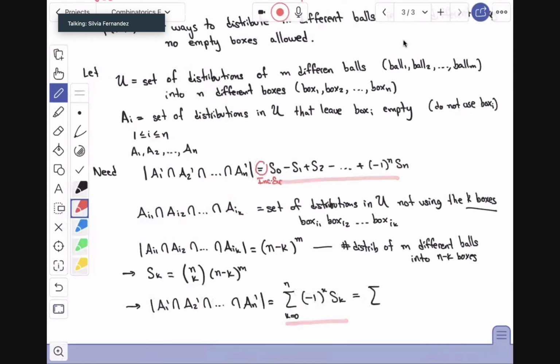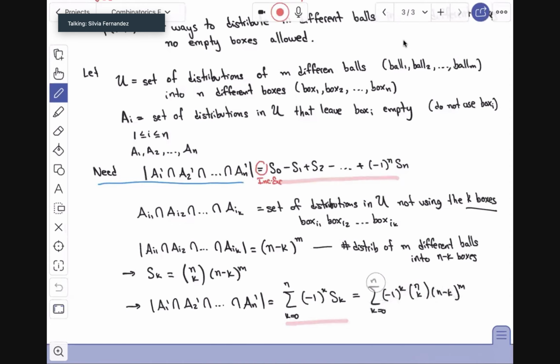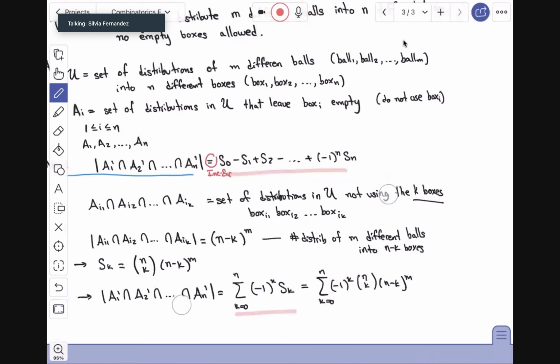This is just by the inclusion-exclusion principle. This is what I need. And so just replace the S_k, and now I just have negative 1 to the k, n choose k, (n minus k) to the m, from k equals 0 to n. And this is exactly the formula that I gave you.